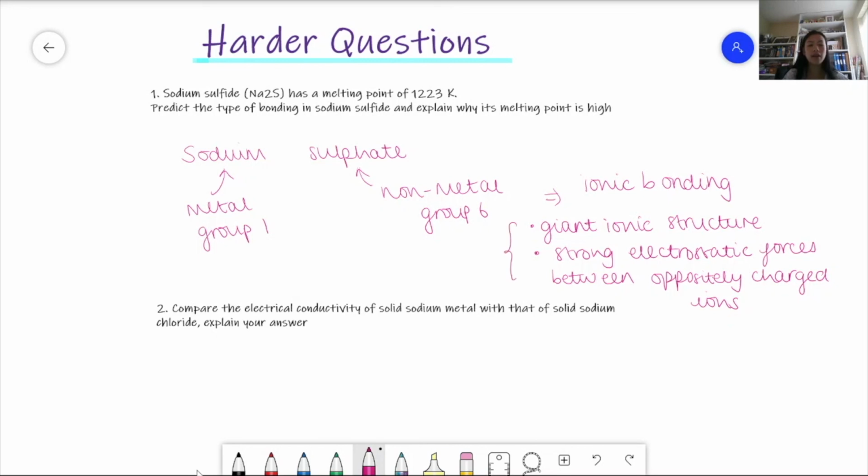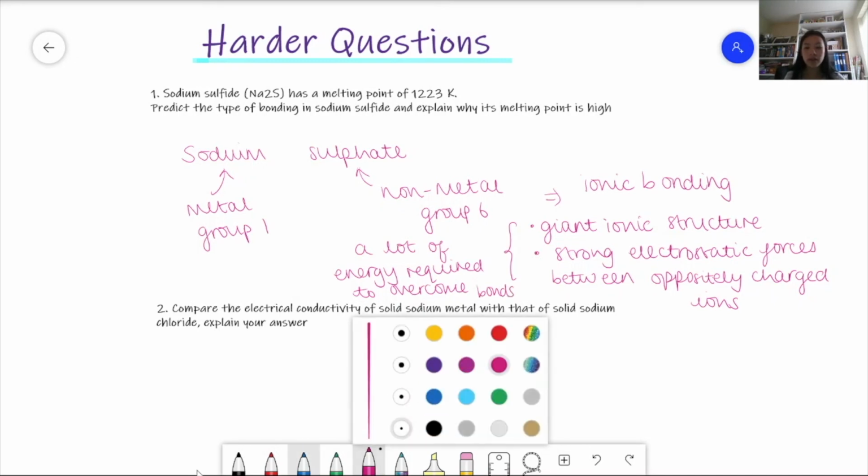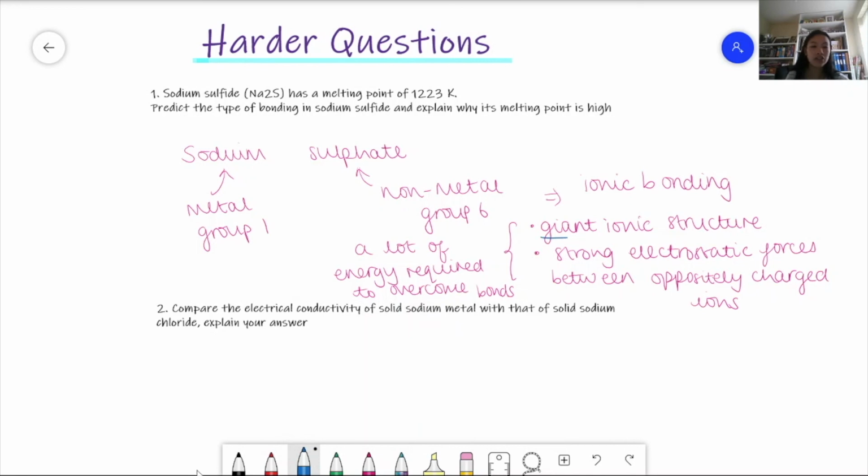So that all of that means that we need a lot of energy required to overcome the ionic bonds. So things to remember are that it's giant, that there's strong electrostatic forces, and also between oppositely charged ions. So that would be your 3 marks there that you need to tick off.